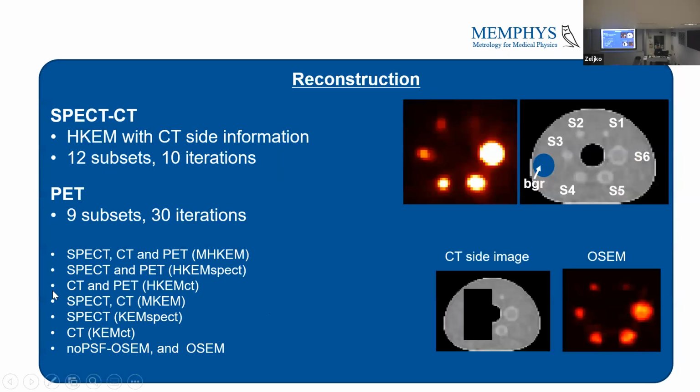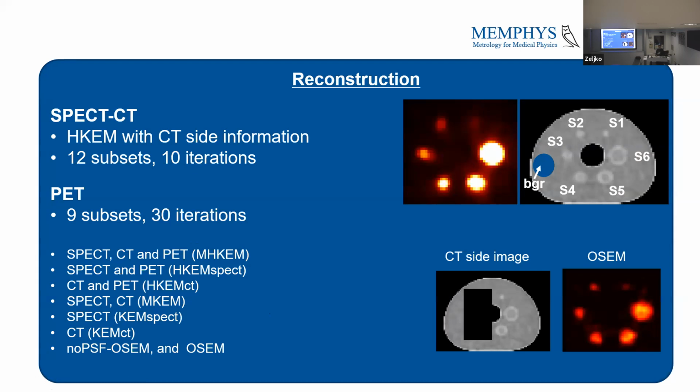For the reconstruction, I used pretty much the same settings that were discovered in the previous study. The SPECT image was reconstructed, and the 10th iteration was used as prior information for the HKM. And for the PET reconstruction, we can investigate different options.